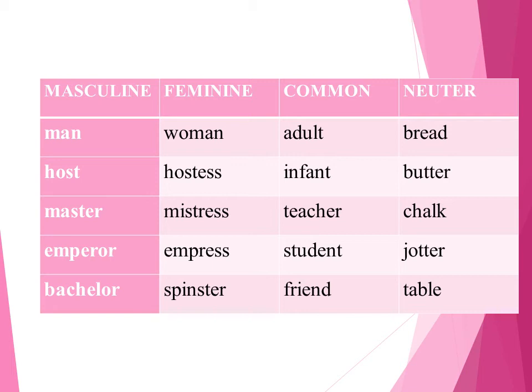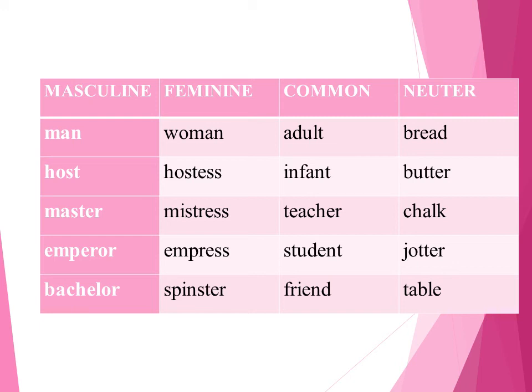The feminine, hostess. Infant, it could be a boy, be a girl. And then water. Water doesn't have life. Then master is masculine. Mistress is feminine. And teacher, like we said before, it's a common gender. Then a teacher uses chalk, and chalk doesn't have life. So chalk is called a neuter gender.